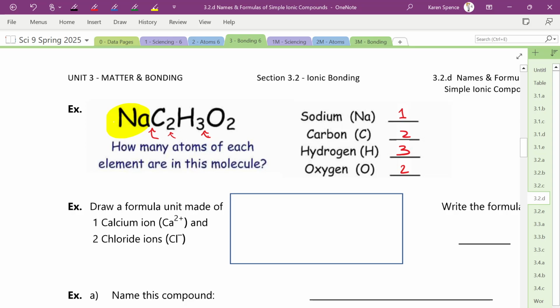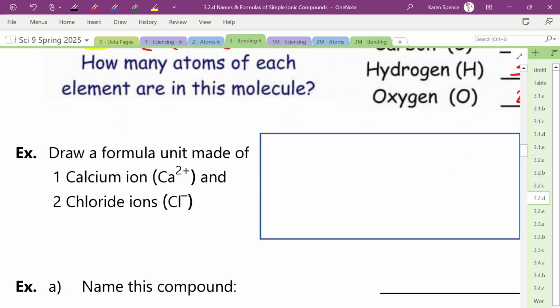Let us draw a formula unit made of 1 calcium ion, Ca2+. So we're going to write Ca2+, and 2 chloride ions.